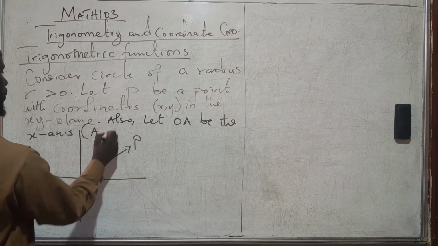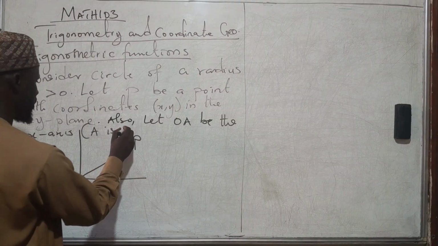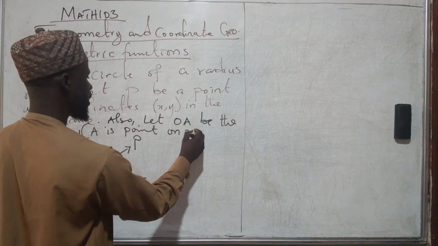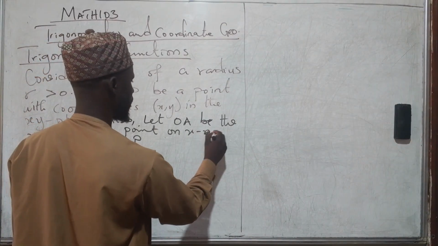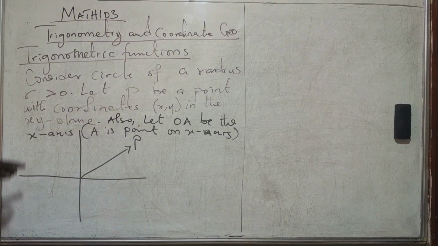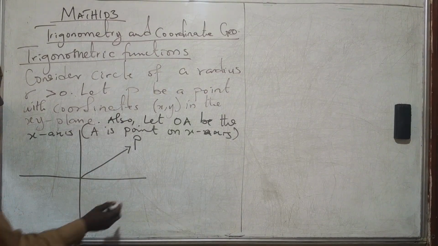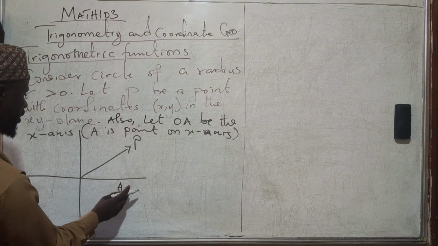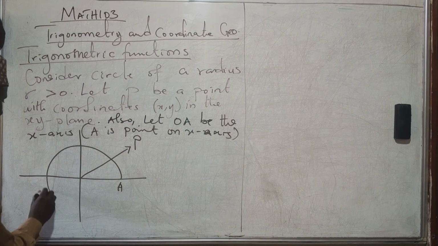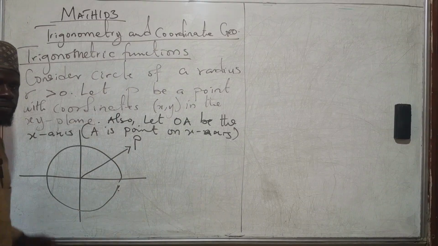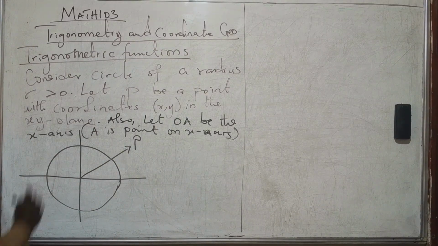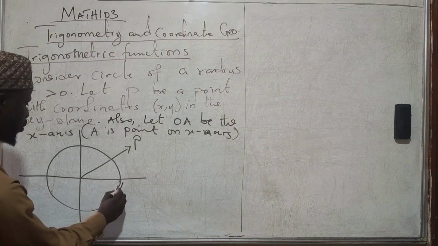That is, A is a point on the x-axis. And also let the circle intersect the point A. So here is the point A. So let's have a circle like this. Something like this. So let this point be A.